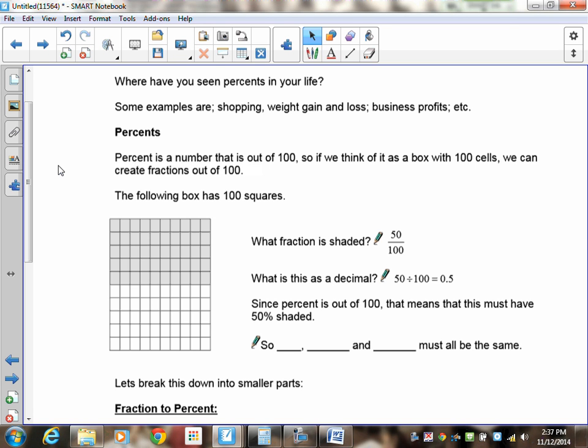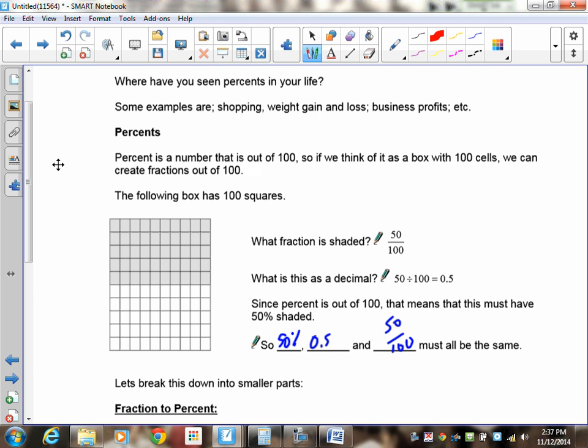So that we know that three things, 50%, 0.5, and 50 out of 100 must be the same thing. Now, you've seen this before with the 3/6, right? Now, all I've done now is rather than having 3 out of 6 boxes, now we have 100 boxes. It's just a bigger set of boxes shaded.